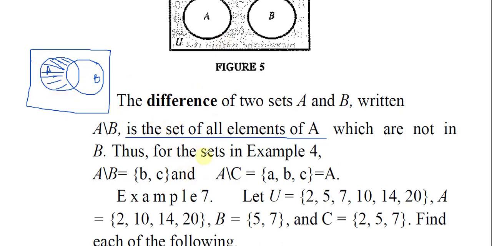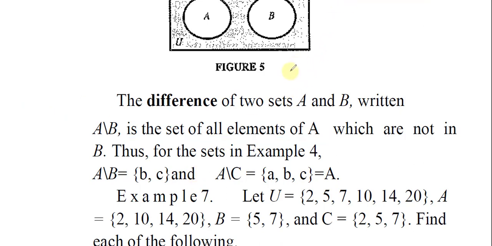For example, A difference B and B. So in example number 4, the previous one, yes, here B and C, and AC, it is ABC. Example number 4.